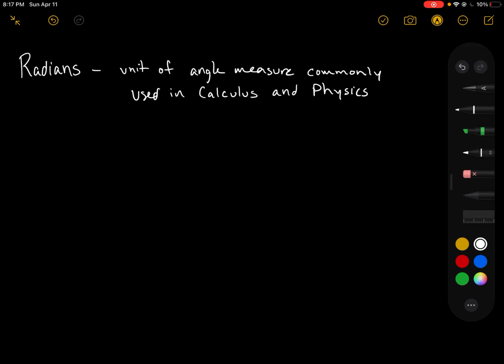So we're going to have an introduction to it here in Algebra 2, and then honestly, in most of the math classes beyond this, you're just going to see radians pretty commonly used, probably more so, honestly, than degrees. So understanding what radian measure is, we basically just have some conversion factors for it.